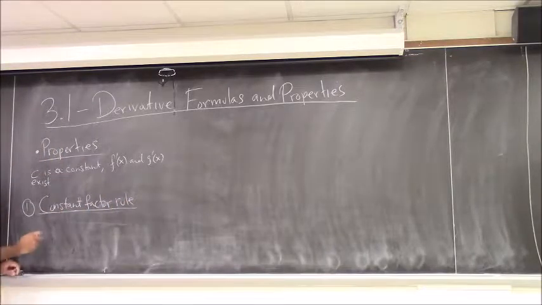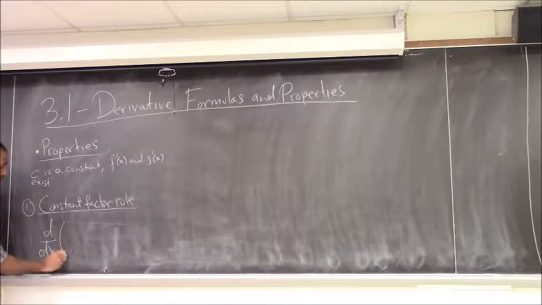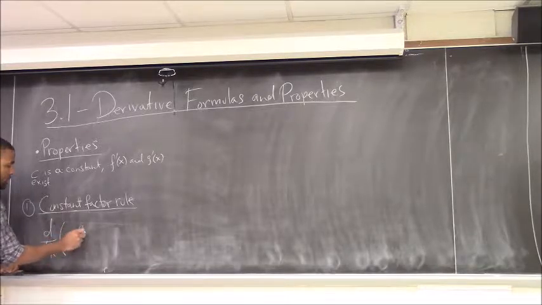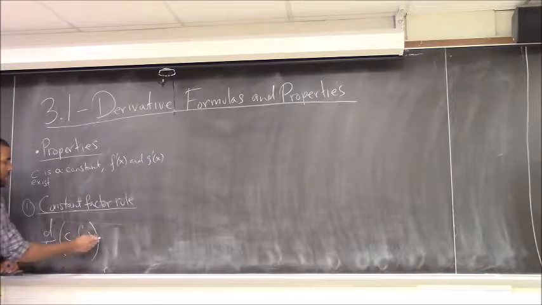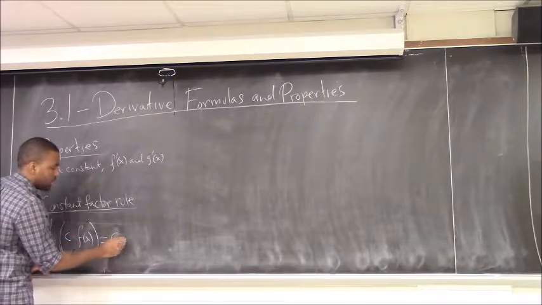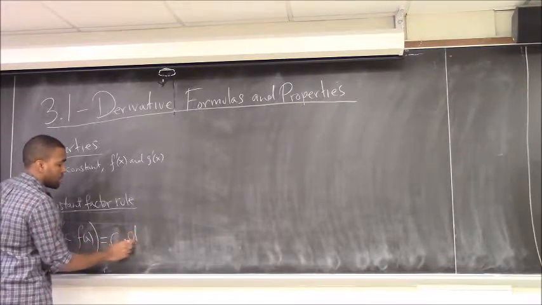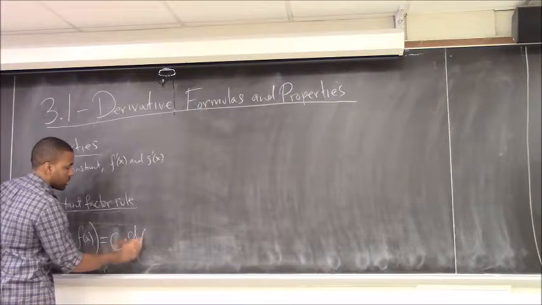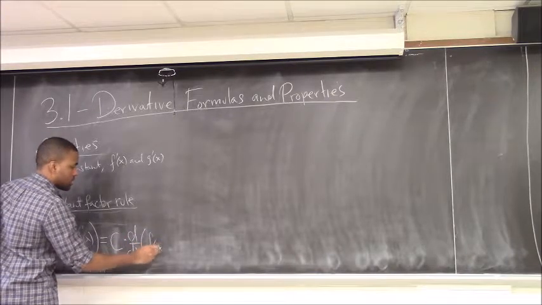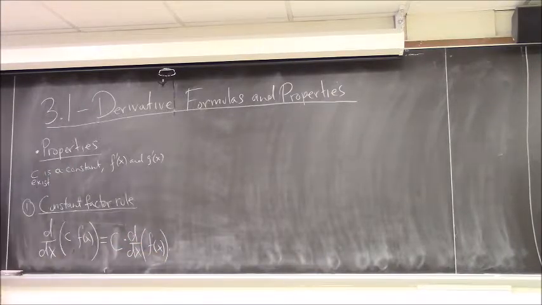This is a property that says we can factor constants outside a derivative, meaning if I'm taking the derivative of a constant times a function, it is the same as me taking the constant and then multiplying by the derivative of the function. This is called the constant factor rule.